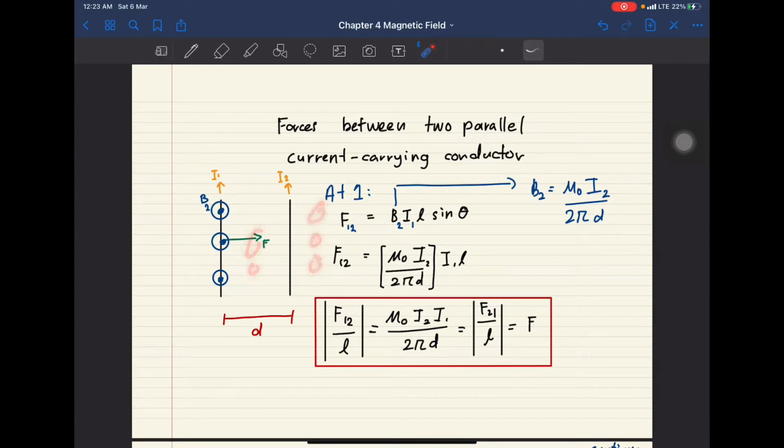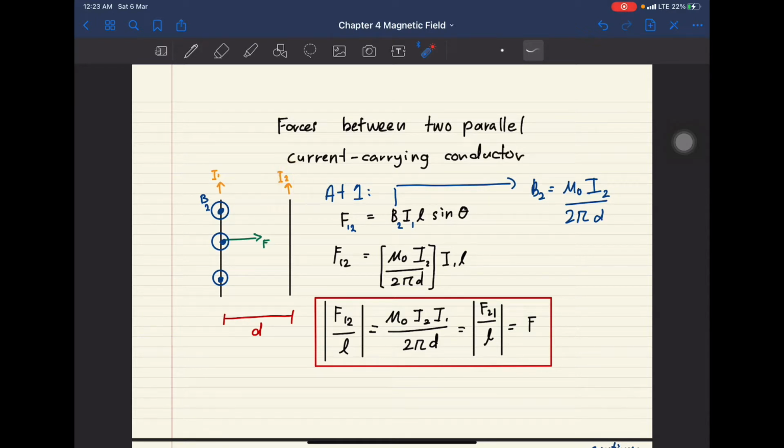But one side is going out, another side is going in. You can use your thumb to double check. So everything over here is basically magnetic field going out of the page due to I2.